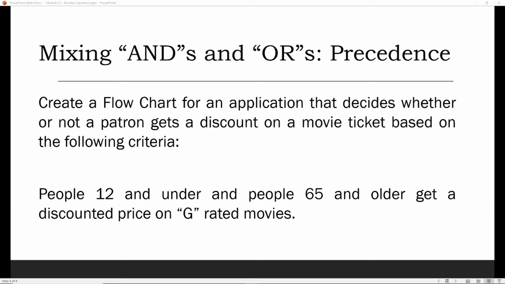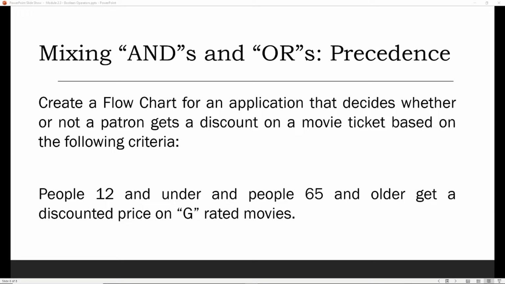It would either be 65 plus or 12 and under. The AND in this case is going to be applied to the movie rating. So we want the person's age to be within the disjoint interval, and we want the movie rating to be that of G.